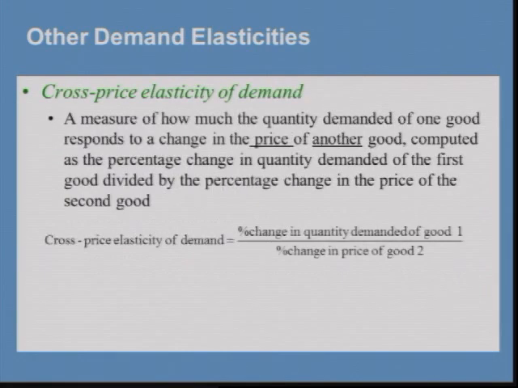Okay, another formula is the cross-price elasticity of demand. All right, so let's look at this formula. We're looking at the percentage change in quantity demanded for one product, and the percentage change in the price of another one.